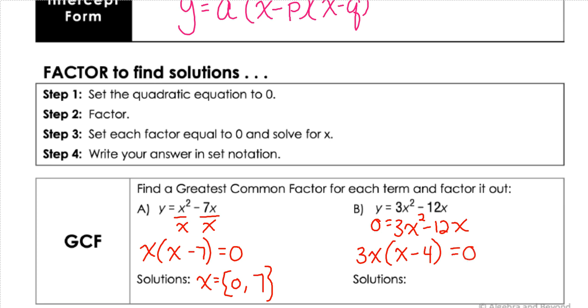So those are my factors. Now I'm going to set each one equal to 0 to find my solutions. 3x equal to 0 means that x is 0. And x minus 4, when I set that equal to 0, means that x is 4. So those are my two solutions.